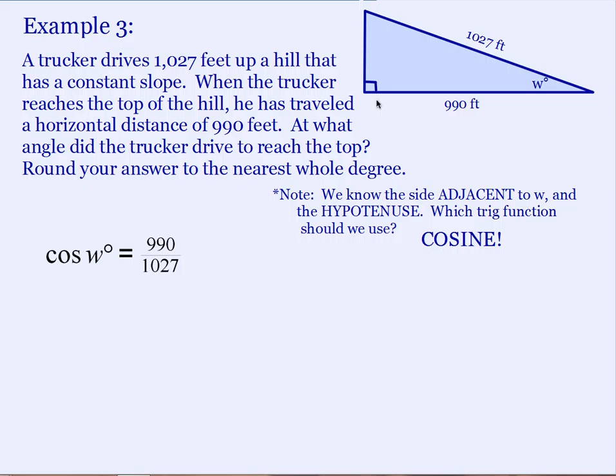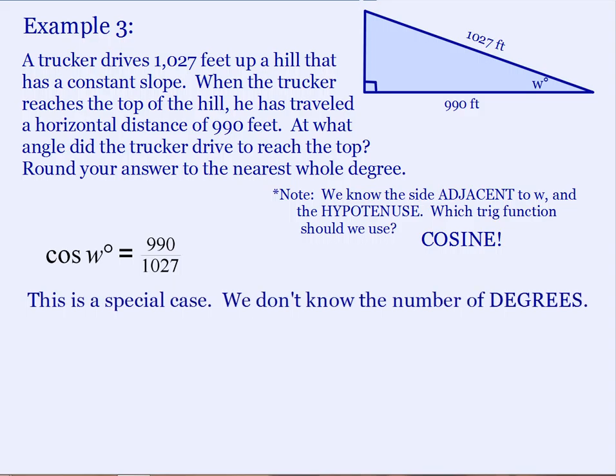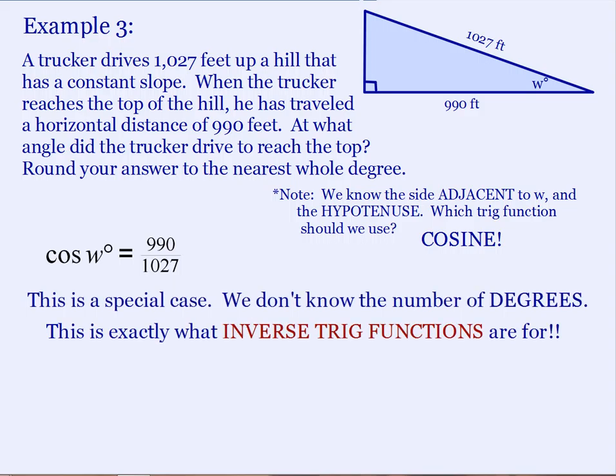Now, here comes the tricky part. X is not over on the right-hand side. It's not part of my actual fraction. It's an angle measure that I don't know. So this actually is when the inverse trig functions come in.